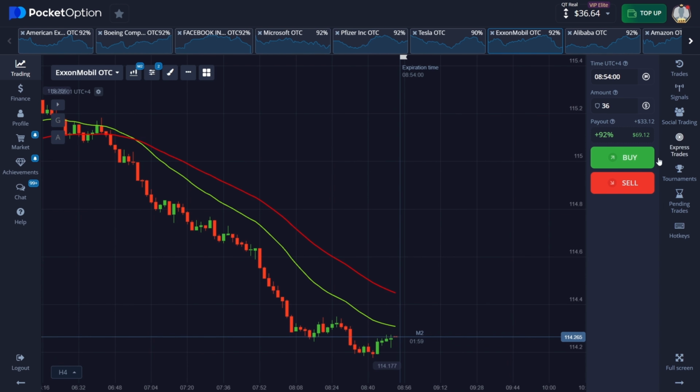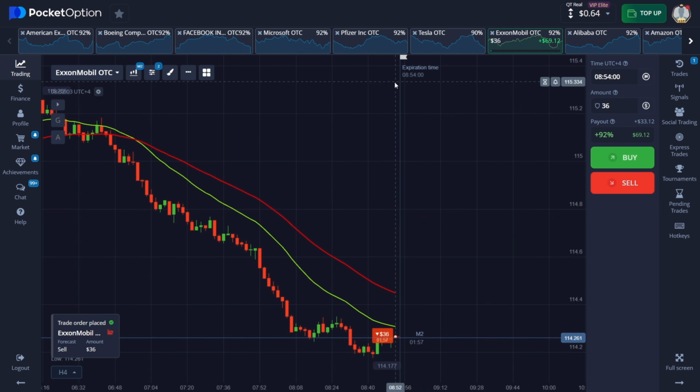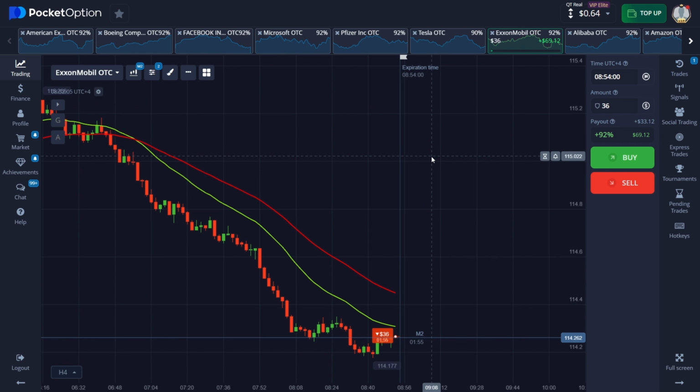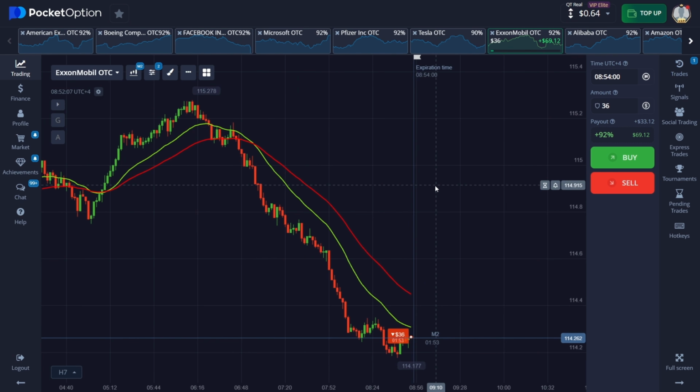The candle did close as a green candle, so I placed a downside trade worth $36 on ExxonMobil OTC. Make sure your trade is placed for when the 2-minute candle ends.